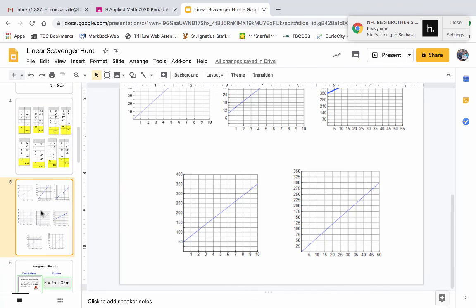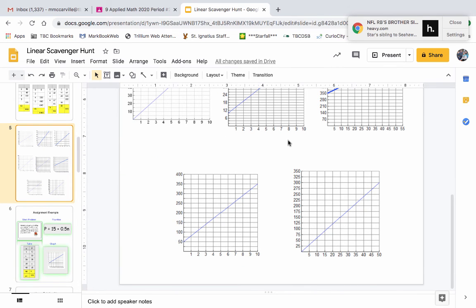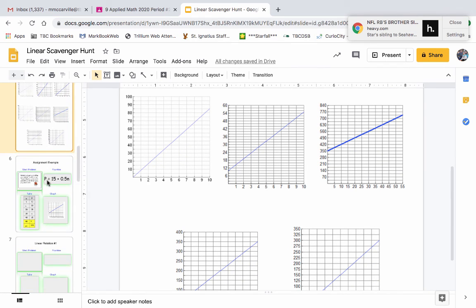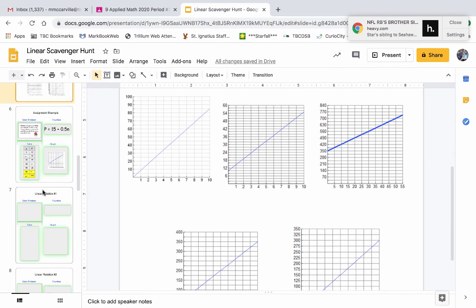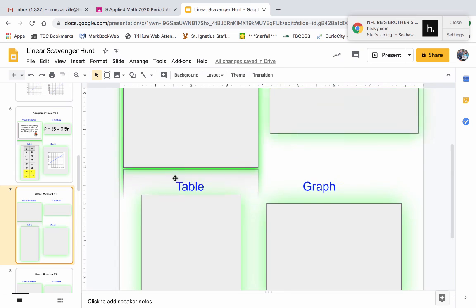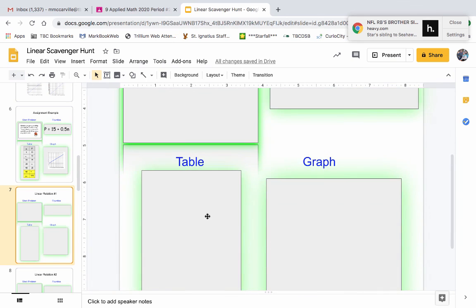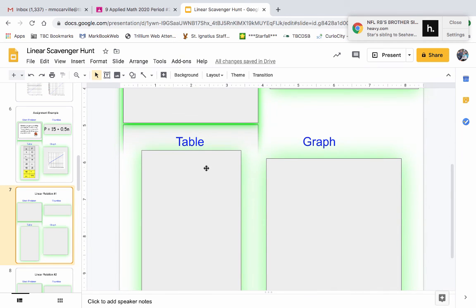And page 5, 8 different graphs. So your job, on each of these other pages, this is page 7, which says linear relation number 1, is to pick whatever word problem you want, find its equation, its table, and its graph, and then fill out its table. You're going to do that for all 8 of the relations.